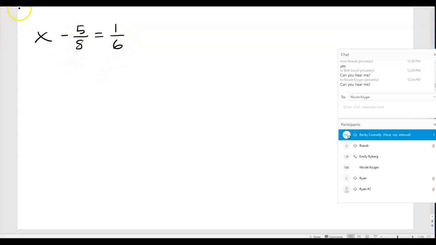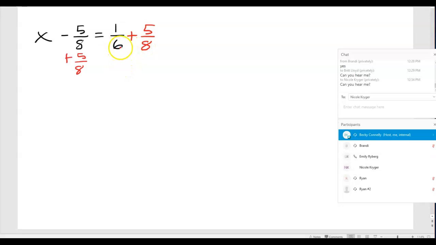So I'm going to write this down. I'm going to show I'm adding the 5/8 over to the other side, right? But really what I need to do is get that common denominator before I can add those together, right?